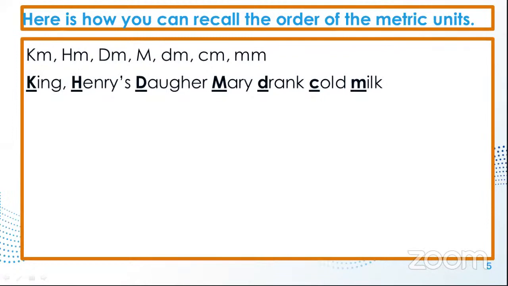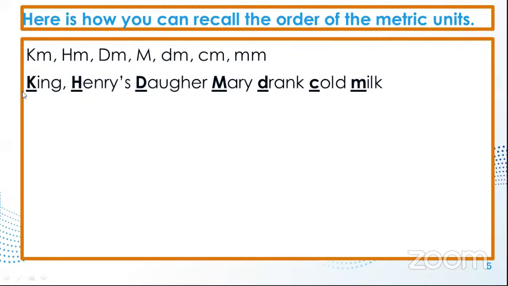So remembering the order of metric units, the units that we use for measuring length, then you will be able to change from one unit to another without any problem, because you will be able to know the conversion rate.